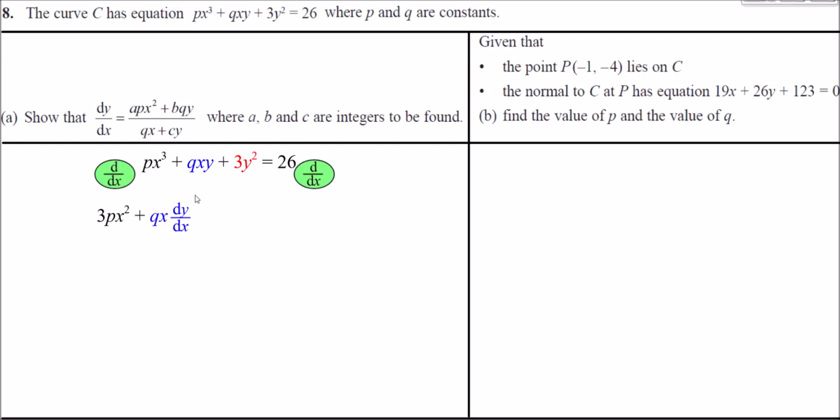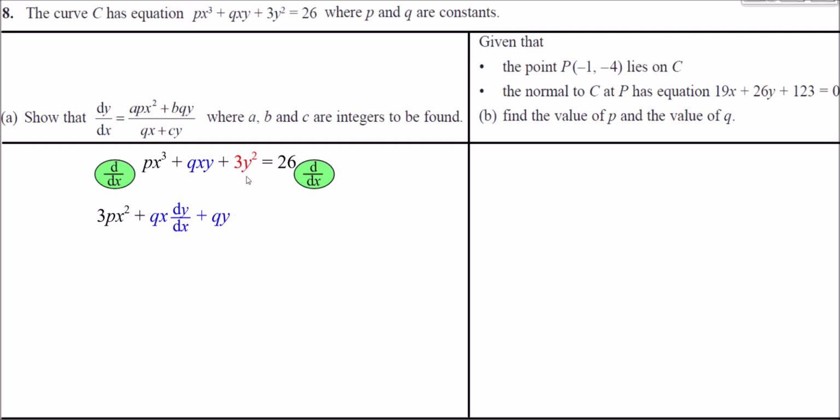Then the second part of the product rule is I also add on the derivative of the first function multiplied by the second function held constant. So I'm going to differentiate qx with respect to x and hold the y constant. qx will differentiate to q, y stays as y, so I'll also get a plus qy here. That's a mixture of implicit differentiation with a dy by dx and also the product rule for differentiation.